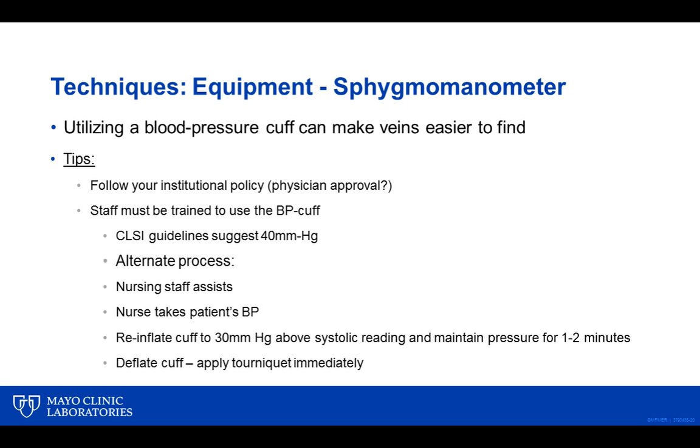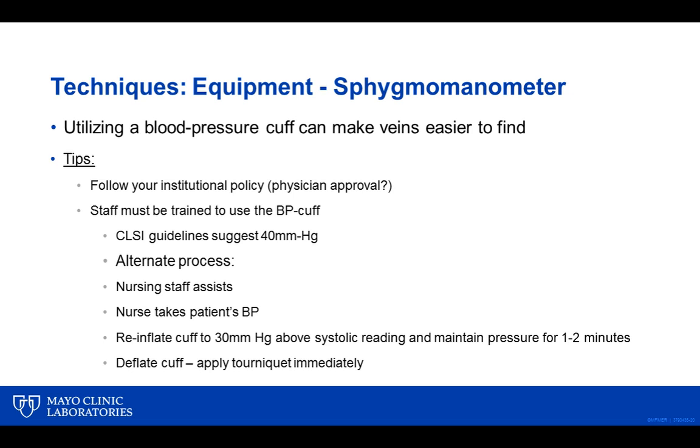For example, the patient had a blood pressure of 120 over 60, 120 being the systolic number. Reapply the blood pressure cuff and pump that cuff back up to 150 now, and let it sit there for a minute. The thing with this technique is you aren't going to leave that blood pressure cuff on there and then do the blood draw.